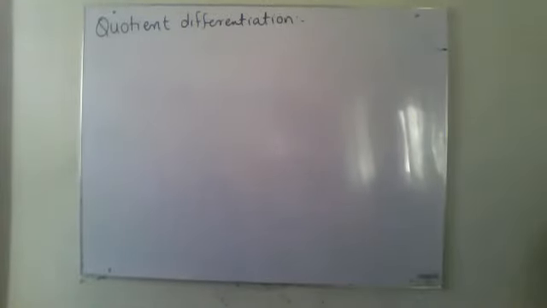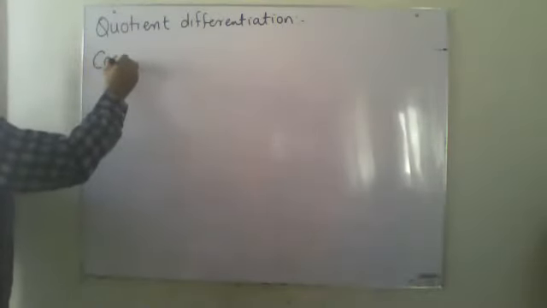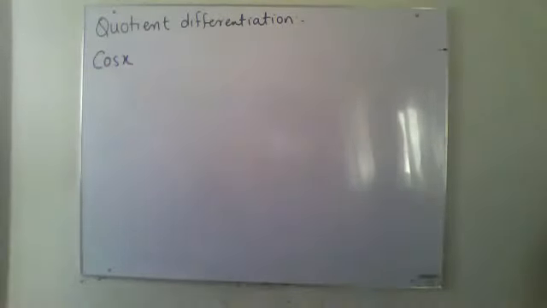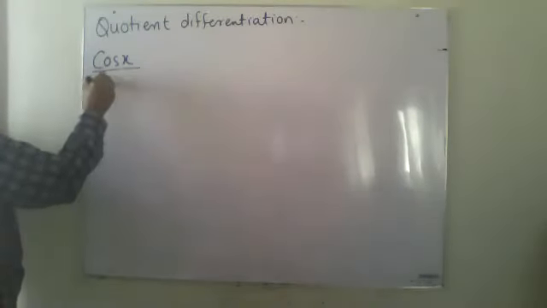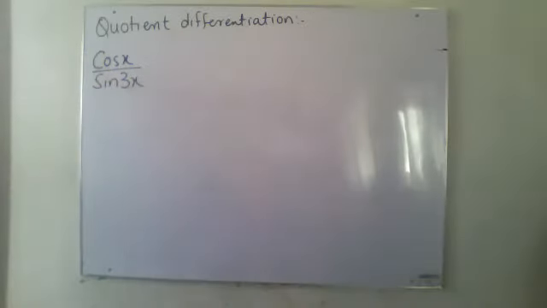Now I'm going to do a quotient question based on trigonometry. Cos x over sin 3x. Okay, again 2 functions are given.